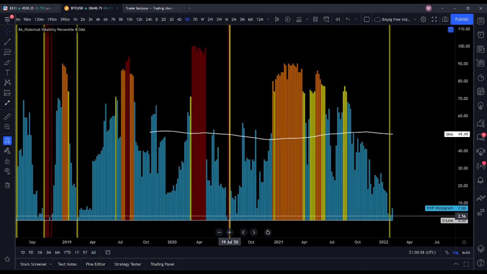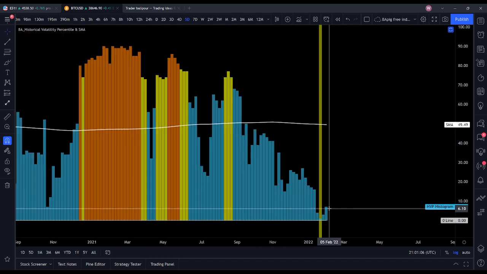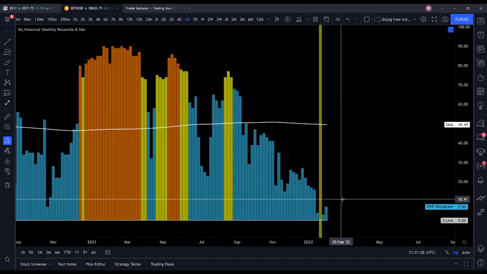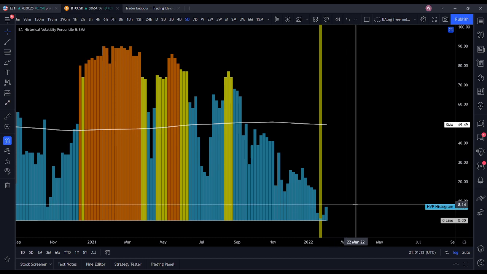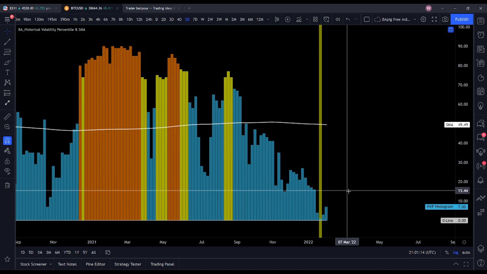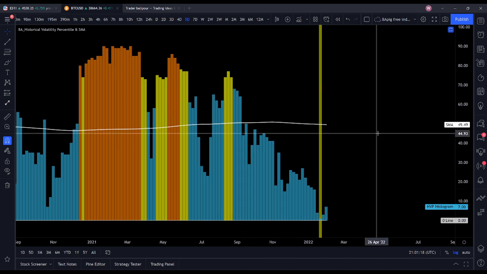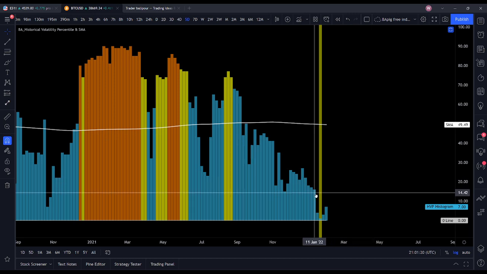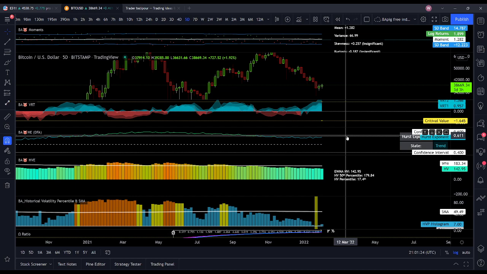So last time over here in July of 20, over here in February 19, over here in October of 18. So volatility being low, and volatility having some mean reverting properties, saying that volatility might go back up to its mean at 49, and that means we might see some larger size returns.